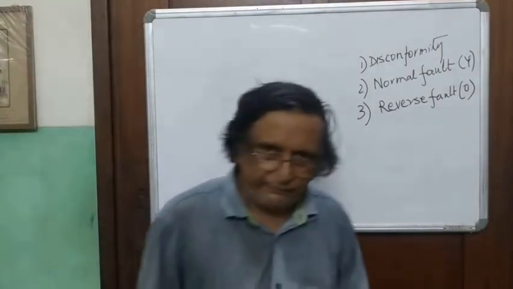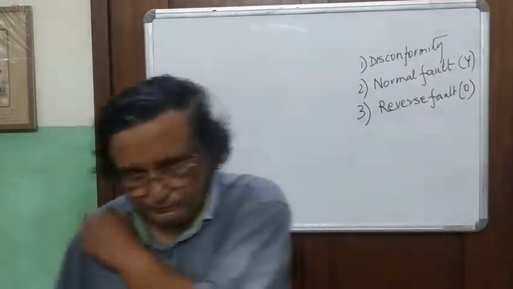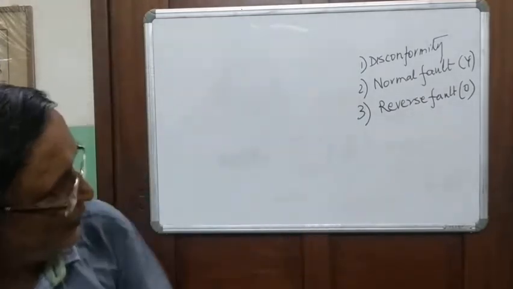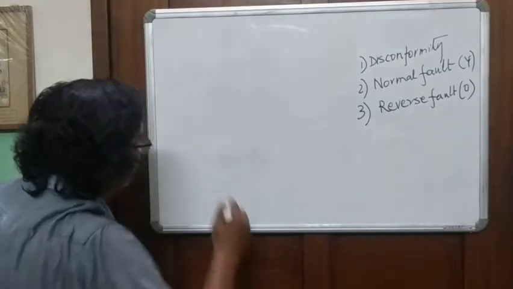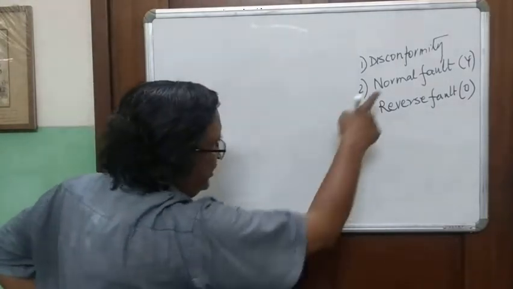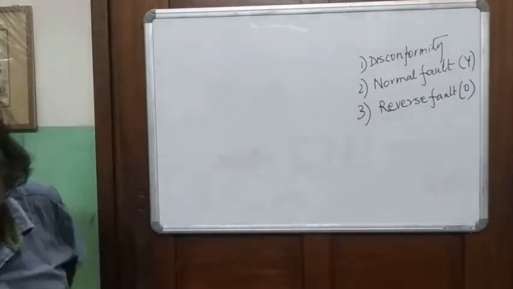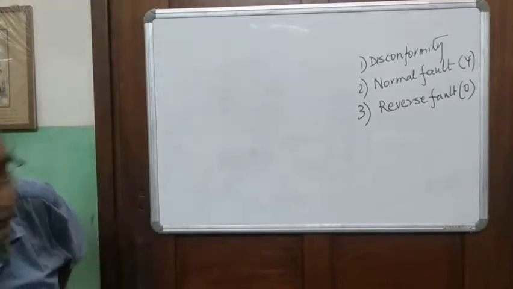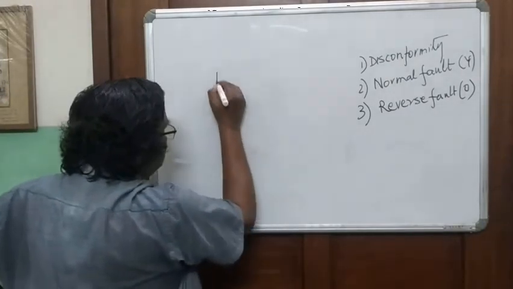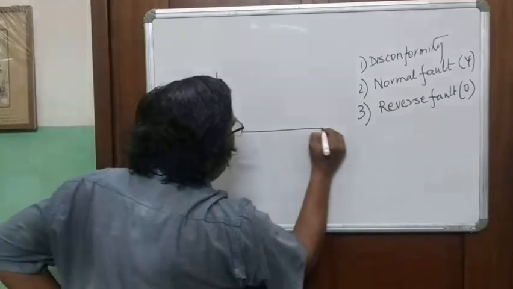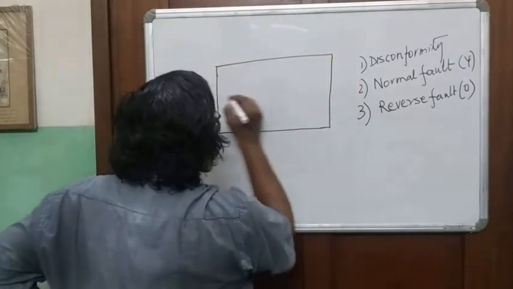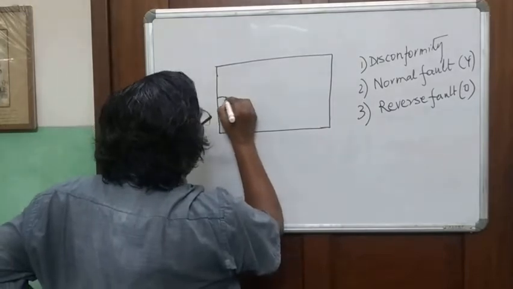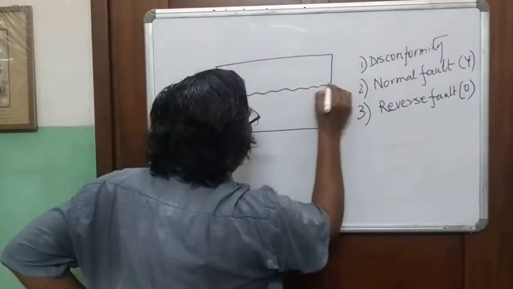Do you get my point? I have to show this. Now let's say the normal fault is younger, the reverse fault is older. I take a section and I draw a disconformity.